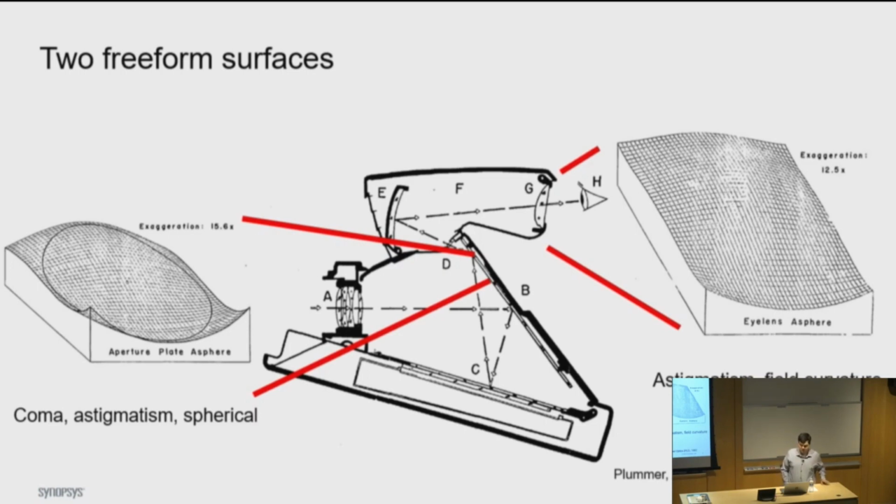But if you look at those two surfaces that have been expanded out there, we can see surface shapes that are not your traditional sphere or conic or what have you, and indeed those sag profiles would be familiar to me in a modern context as what I would definitely consider to be freeform. Only this rather predates the work that I'm doing.